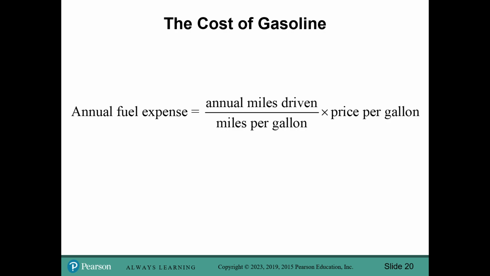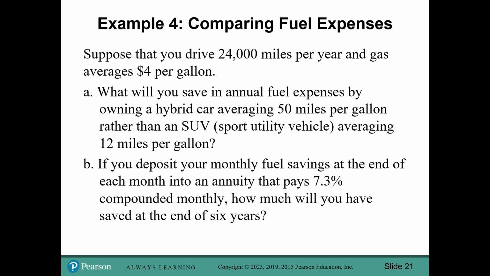So if we look at annual fuel expense, it equals annual miles driven over miles per gallon times the price per gallon. Pretty simple formula there: how many miles you drive versus the miles per gallon that you get, times the price per gallon that you pay at the pump. So suppose that you drive 24,000 miles per year and gas averages $4 per gallon.